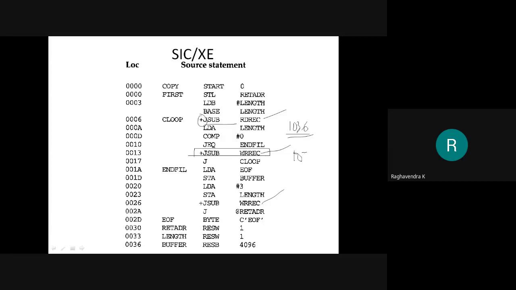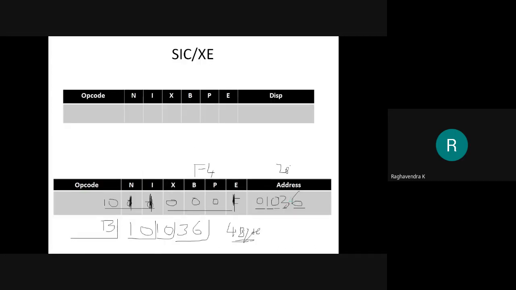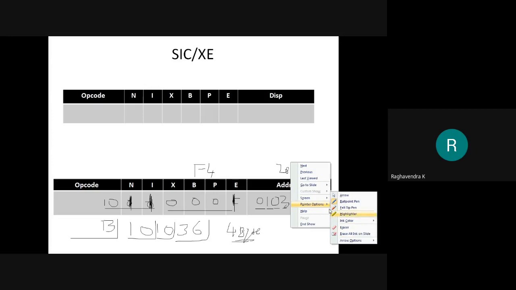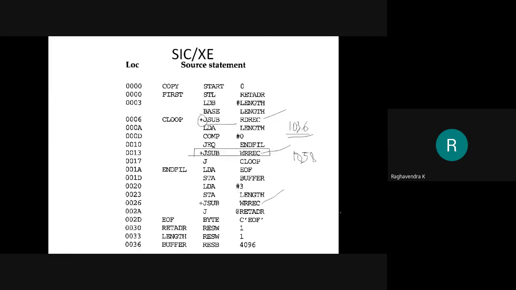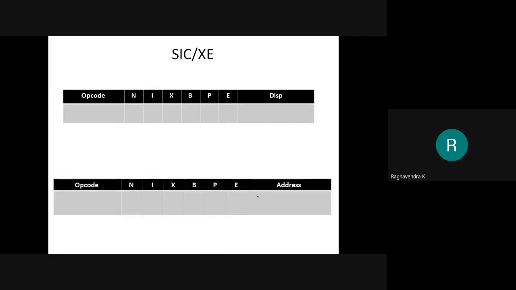1058 is the address of write record. Can anyone tell me what answer we'll get? So directly write the address 1058. Set the extended format bit to one.